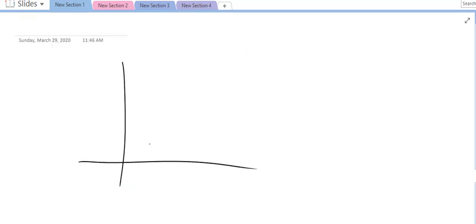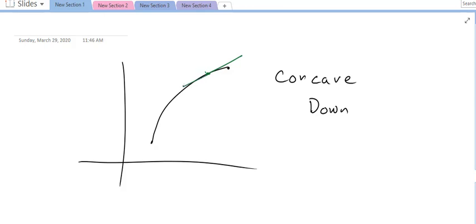So in a general sense, this is the shape that we are looking for concave down. If we start drawing in any of these tangents, the tangents are lying above the actual graph, so we'd say those are concave down.